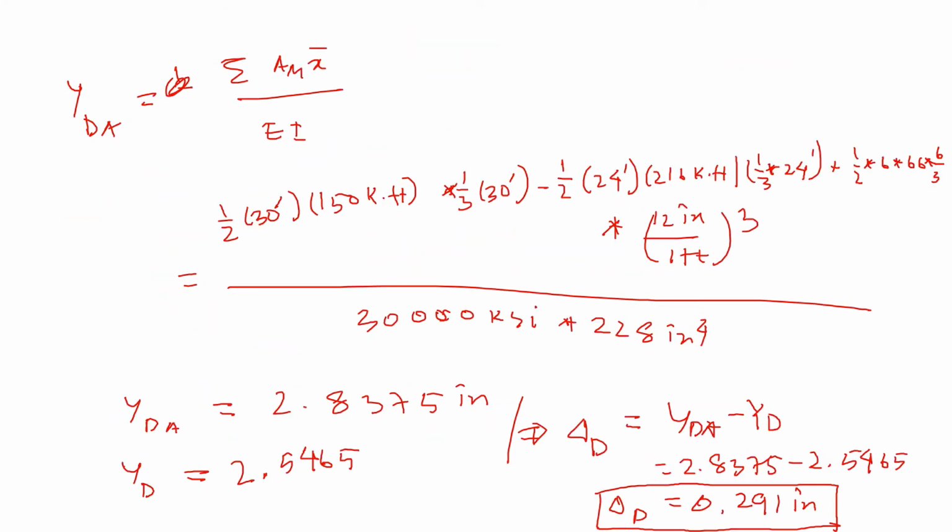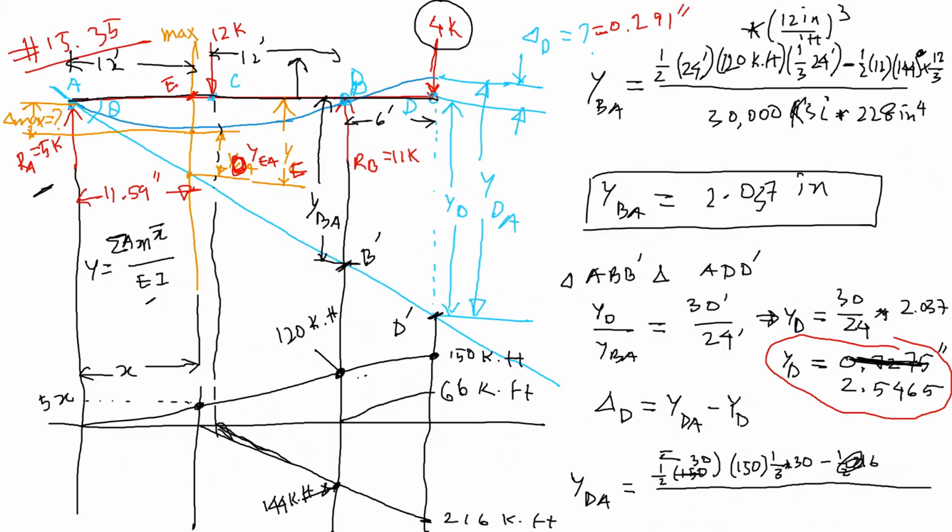Now we can compare the two triangles. Let's go to the first picture. So we can compare AE, let's name that E prime, so AE prime and AB prime, then we can get YE.